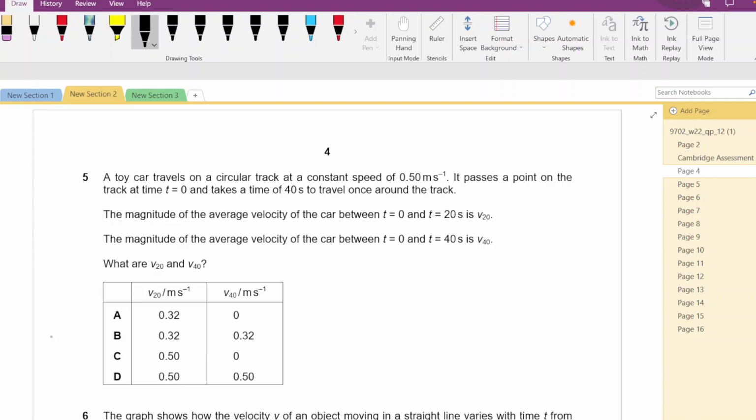Let me draw a diagram. This is the track. It is circular, and here is t0, and here the toy car travels in the circular path.